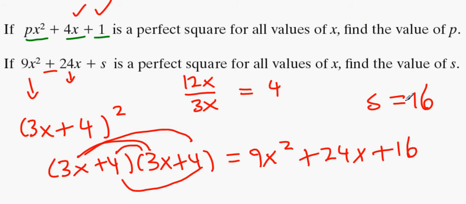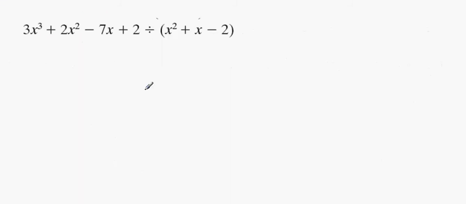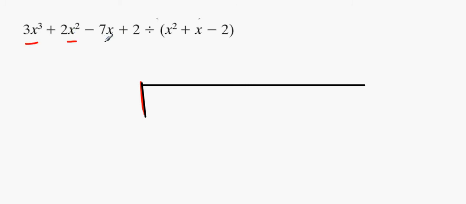Okay. Next question. Division, okay? So when you're doing these division questions, what we're going to do is first make sure that all the terms are filled in. So we have x cubed, we have x squared, we have x, and we have 2. So that means everything we need is there.